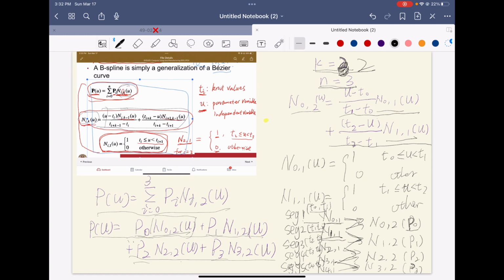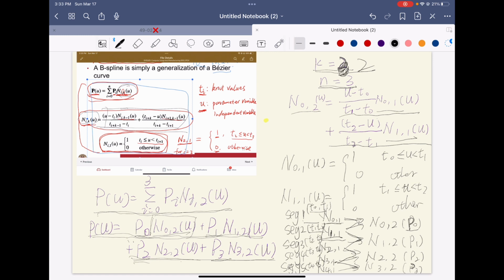We substitute k and n into the equation. We have this P(u) equation on the left, and we expand it to see every component. So we have 4 components: P0, P1, P2, P3, right? For each one, we do it one by one.